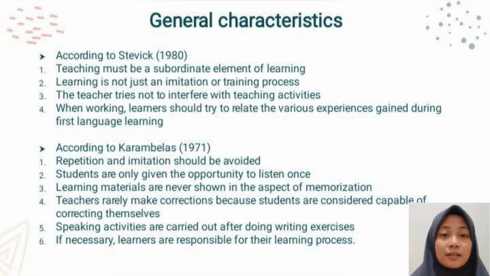Okay, the second is according to Caleb Gattegno, 1971. The first is repetitions and imitations should be avoided. The second is students are only given the opportunity to listen once.